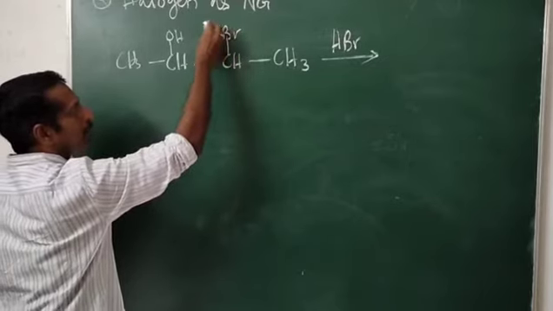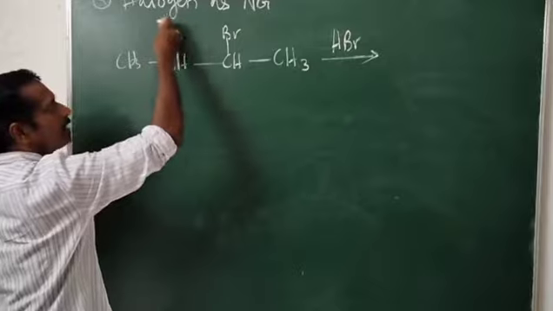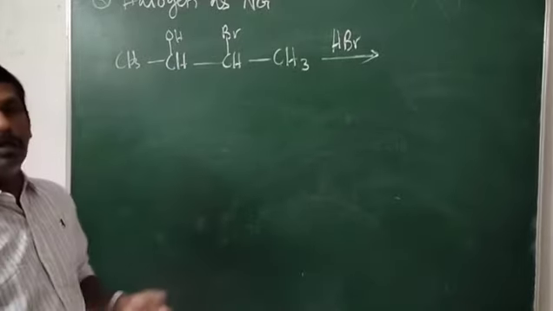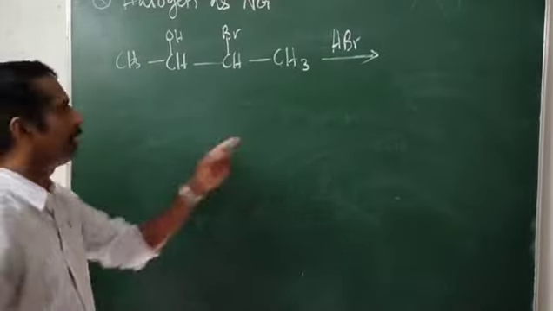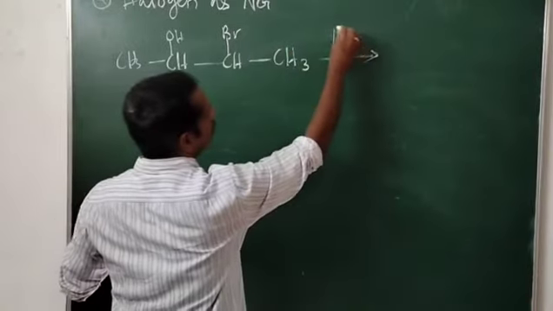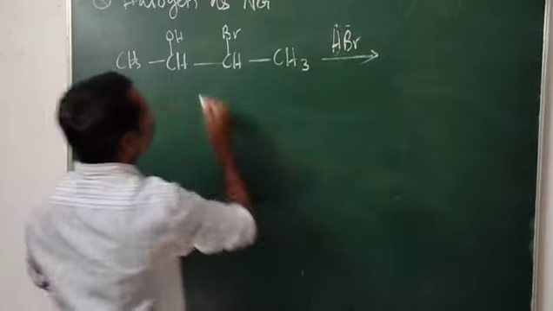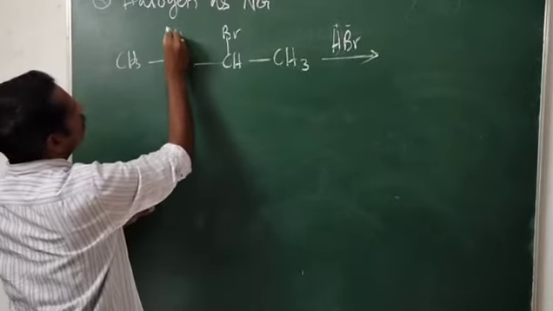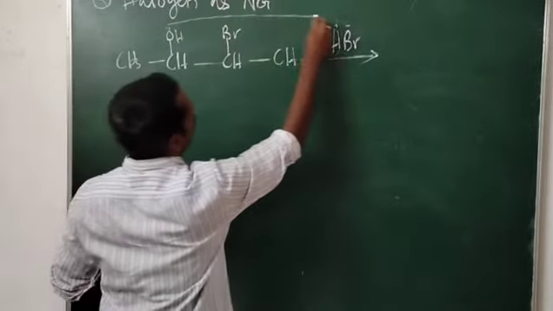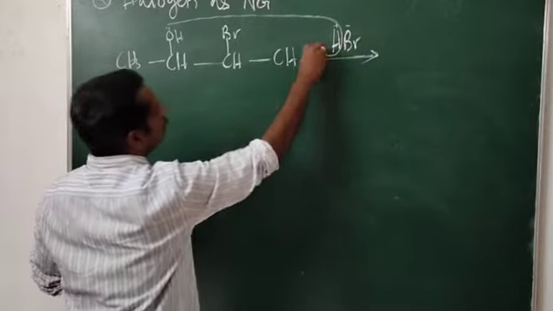That means this OH is our leaving group. How does the OH become a leaving group? Look at here. In the first step, you can see that HBr means H plus and Br minus. This is our nucleophile. This H plus, the lone pair electron present on this oxygen will abstract this H plus. So what will happen?